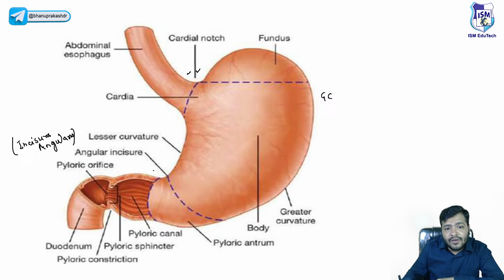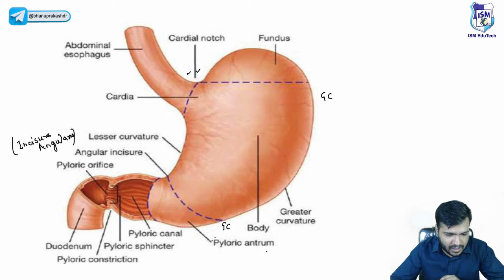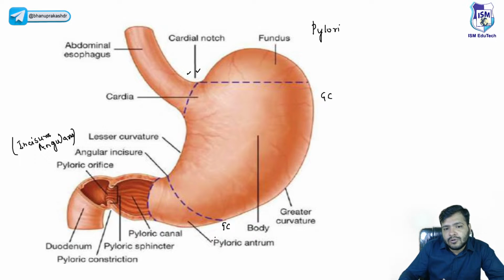From the incisura angularis, if a hypothetical line is drawn towards the greater curvature, then beyond that part you will get the pyloric part, right? So we have the pyloric orifice.